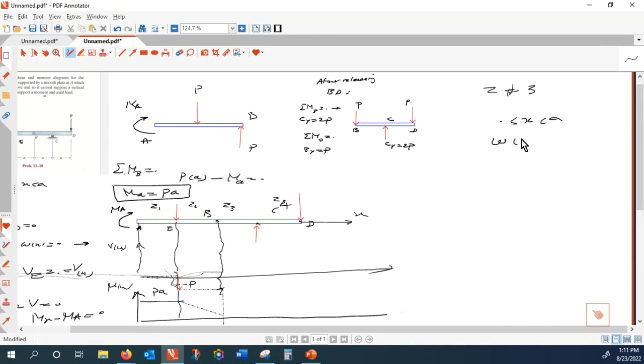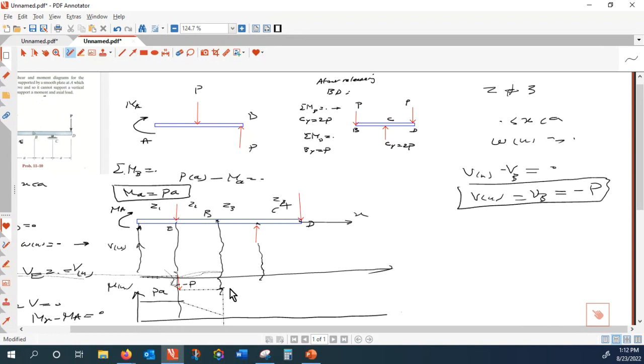And what is W of x in the third zone? No W of x, that's 0, right? So therefore, V of x minus V of B is equal to 0. So again, my V of x is equal to V of B, and that is equal to minus P.